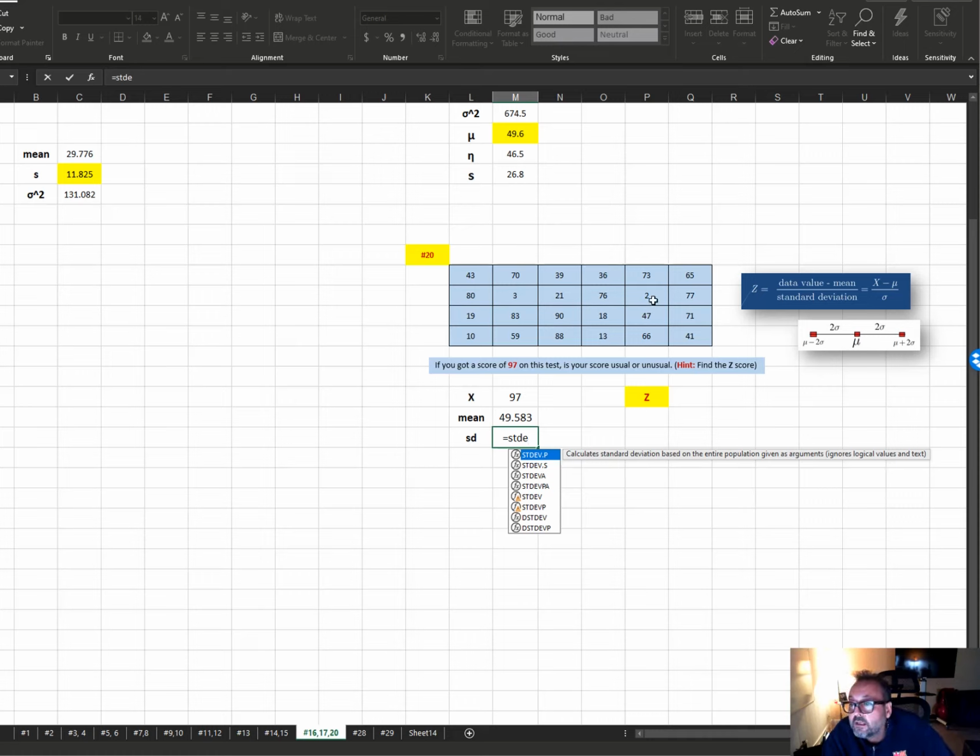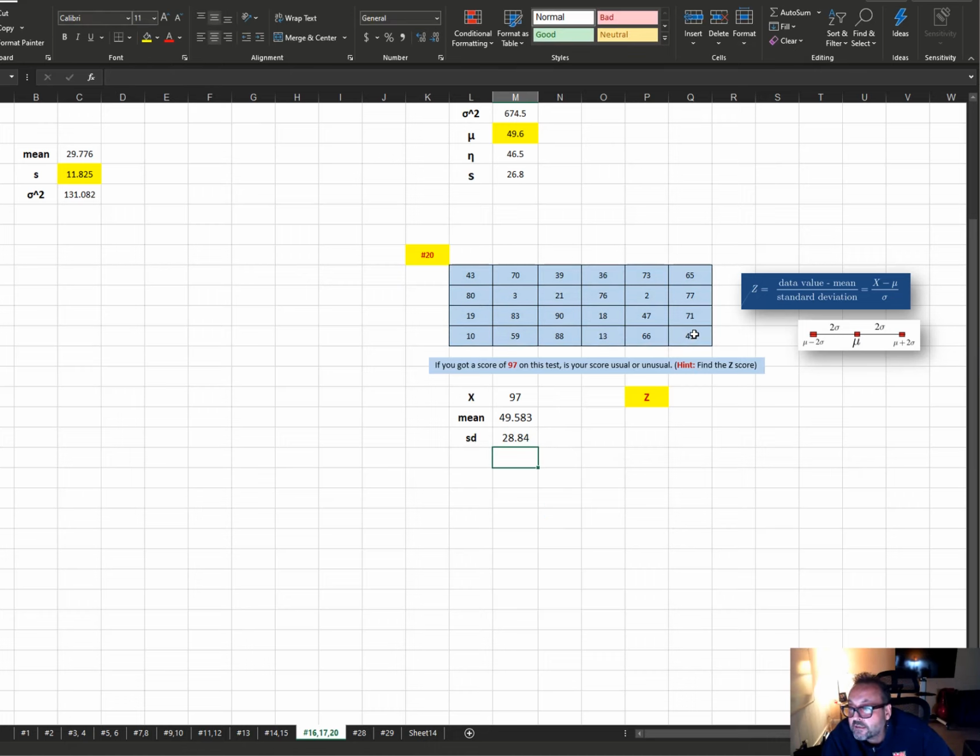Let's treat this as a sample, select the values, and there's the standard deviation. Now, to find the z-score, here's the formula: x minus mu over sigma. You have to put x minus mu in parentheses, close parentheses, divide by sigma, and there's your z-score.